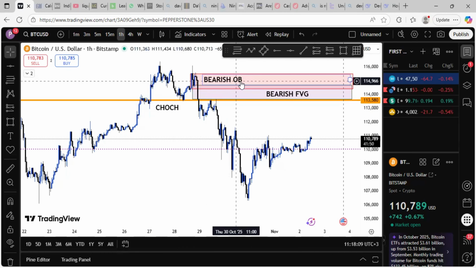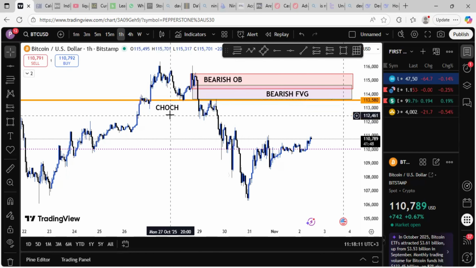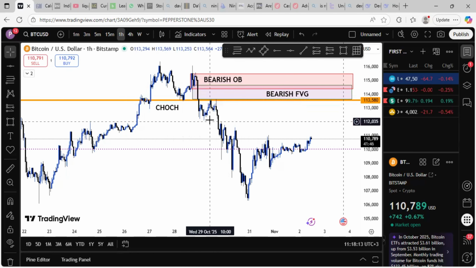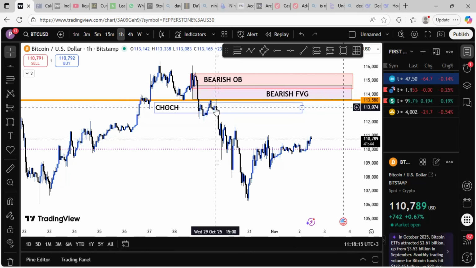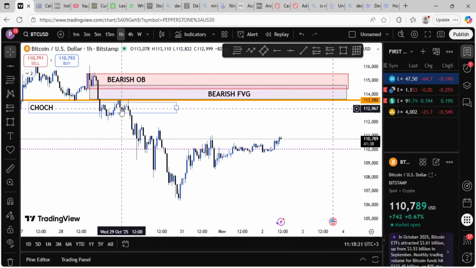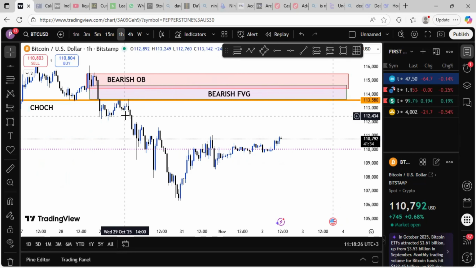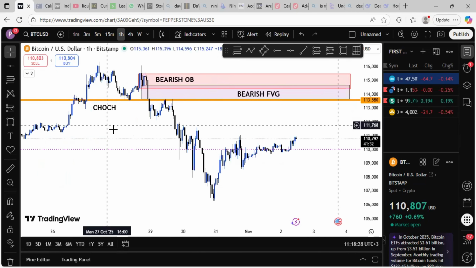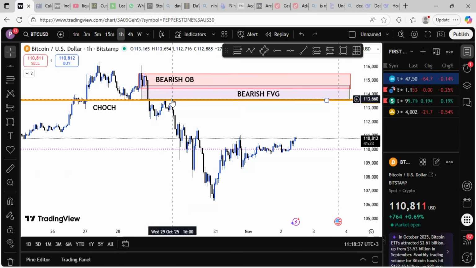We have this bearish order block, we have the fair value gap, we see the change of character, and look at this candle here. You can see we have a bearish engulfing, and then we also have this other candlestick. Forgive me for the names, but the price is rejecting this zone. So it's rejecting our fair value gap.